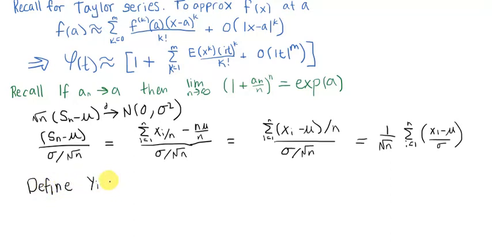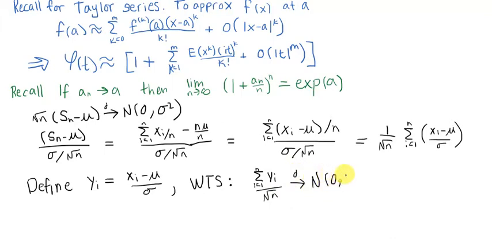So I'm going to go ahead and define yi as equaling xi minus mu over sigma, and then we want to show that the sum i equals 1 to n yi over square root n converges in distribution to normal 0, 1.